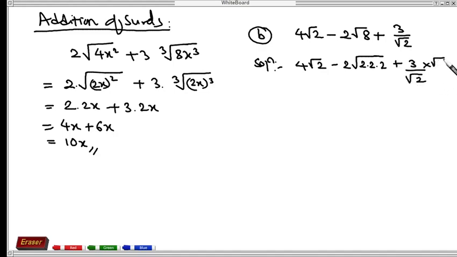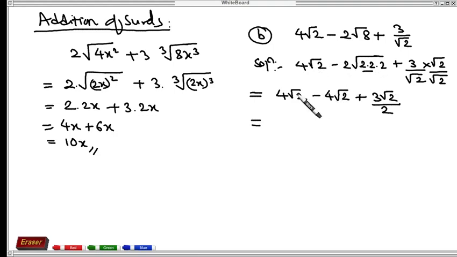Then you know that we rationalize this, so we rationalize the denominator. Then this is 4 root 2 minus 4 root 2 plus 3 root 2 over 2, since root 2 times root 2 is 2. The 4 root 2 and 4 root 2 cancel. So 3 root 2 by 2 is the answer.